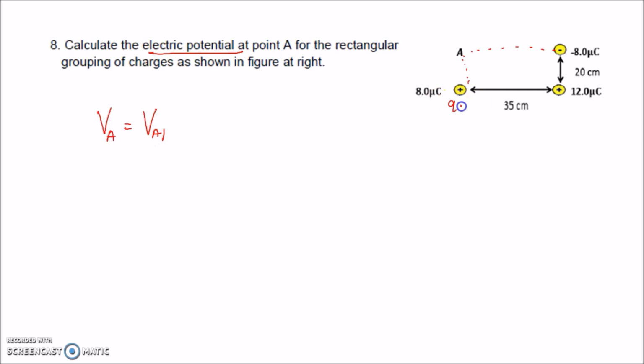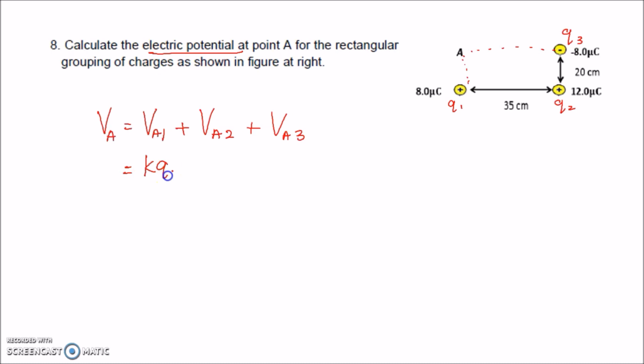Let's say this is Q1, Q2, Q3. Plus the electric potential at point A due to charge 2, plus the electric potential at point A due to charge 3. Okay, so just add them all, and put the negative sign if the charge is negative.